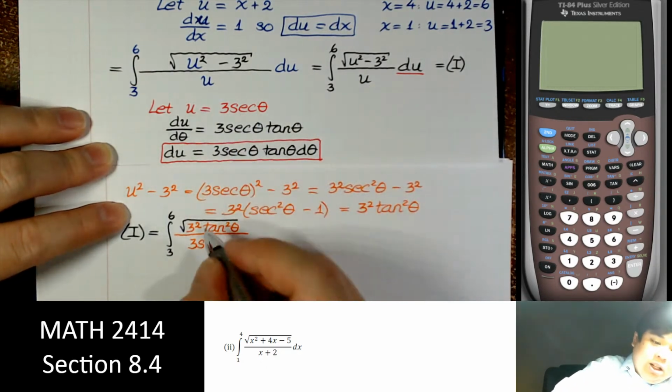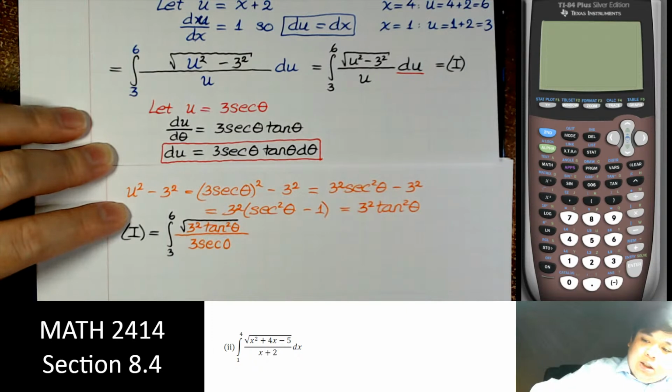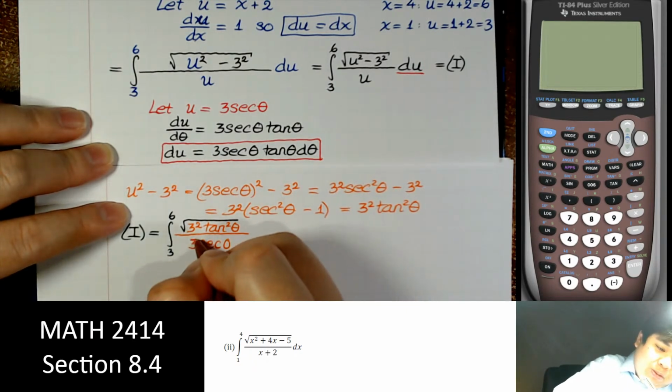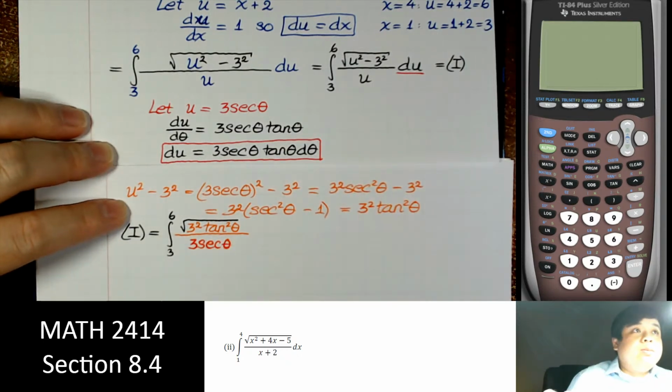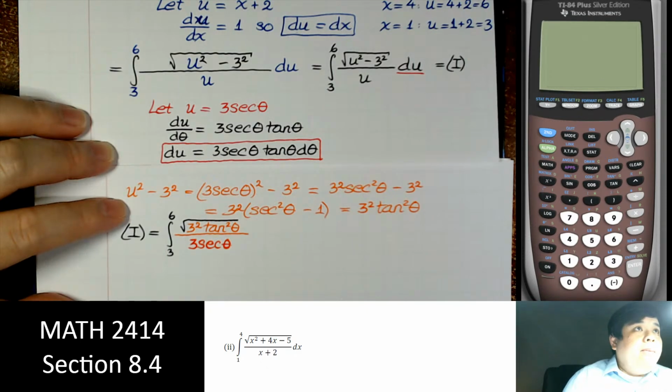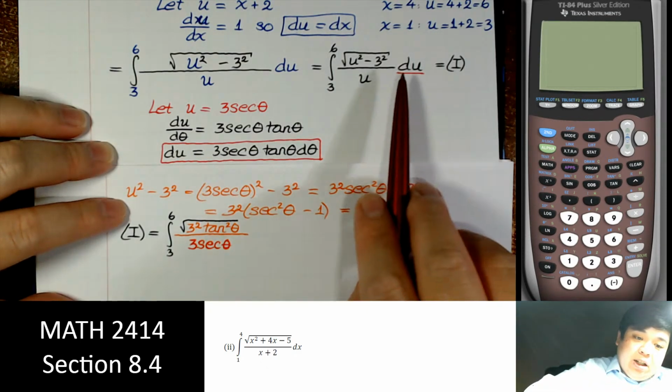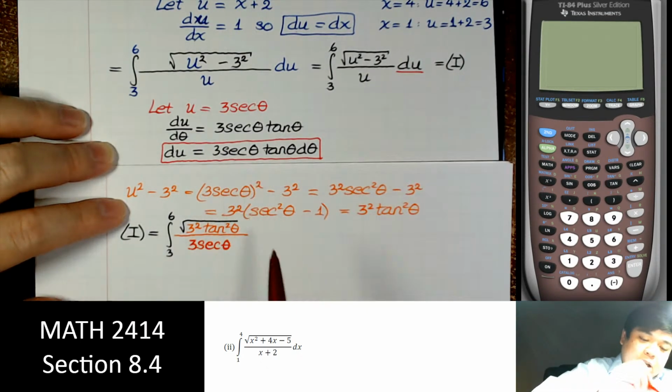U is 3 secant theta, and then the du is that.